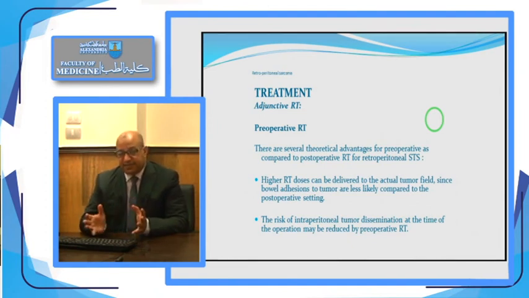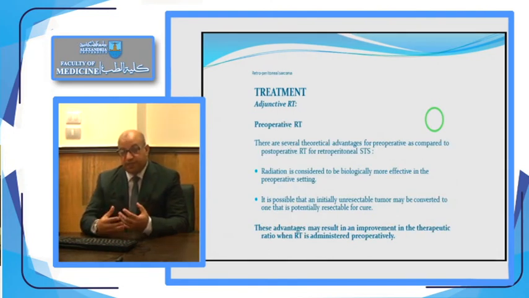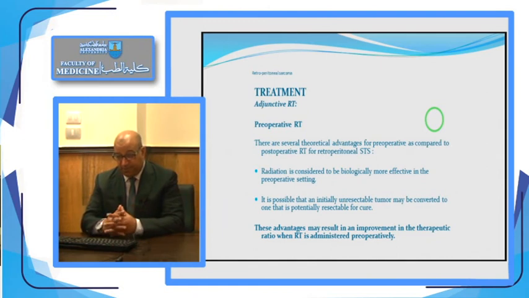So irradiation creates a fibrous capsule around the tumor which prevents this dissemination. In addition, this capsule may improve the resectability of the tumor, changing it from unresectable to resectable.